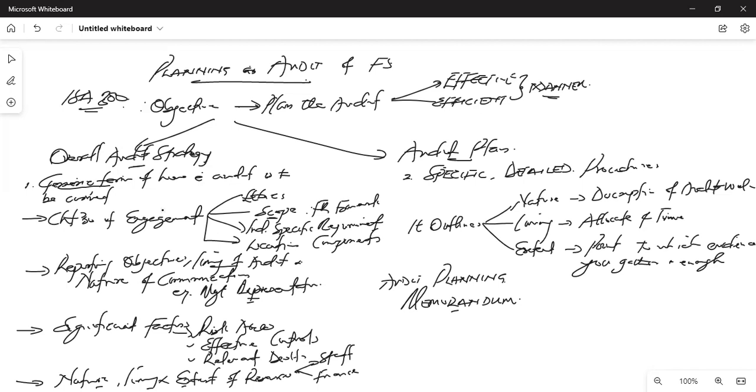Okay, so let me just put in here some advantages of audit planning. Now, why do you plan? You plan because you want to establish a standard or an objective.